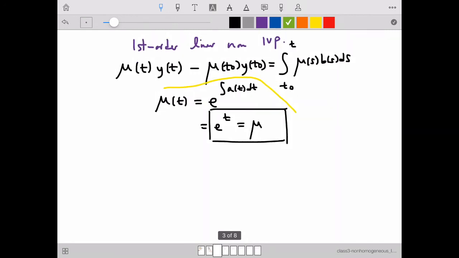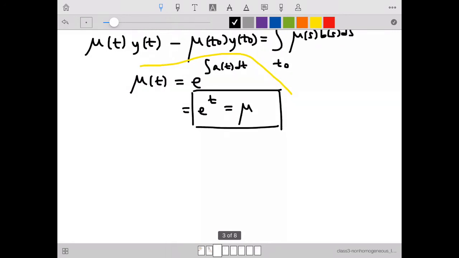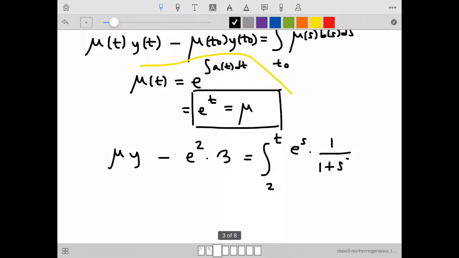So just plug in. So mu of t times y minus mu of t0, which is e squared, times y of t0, which is 3, equal to the integral from 2 to t of mu of s times b, which is 1 over 1 plus s squared, ds.